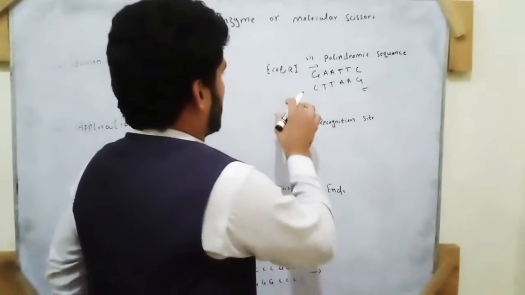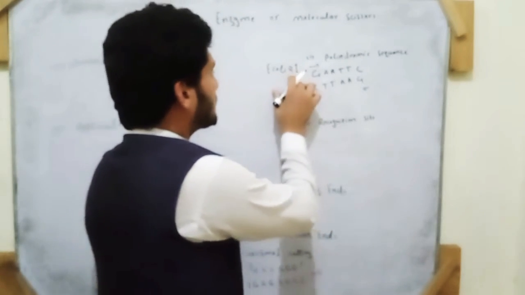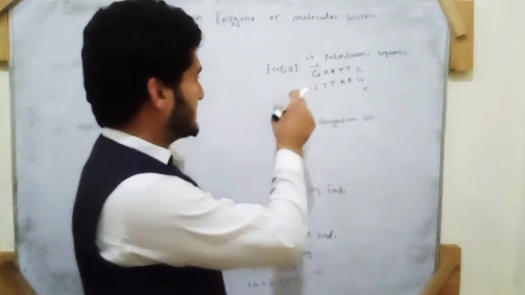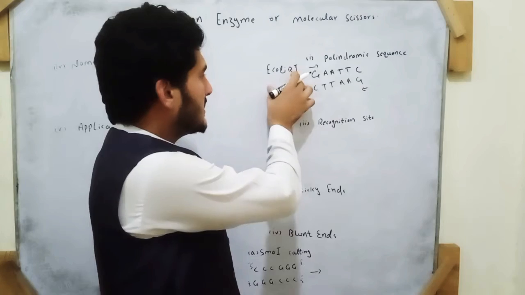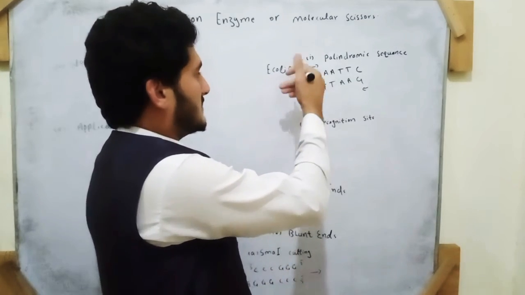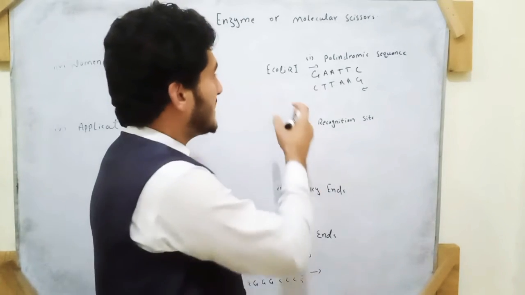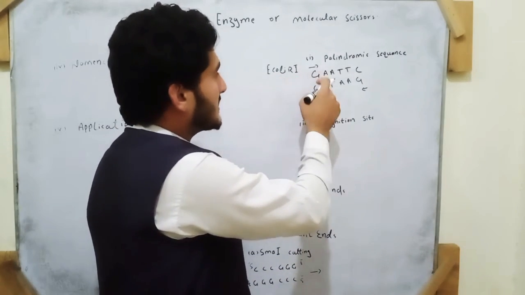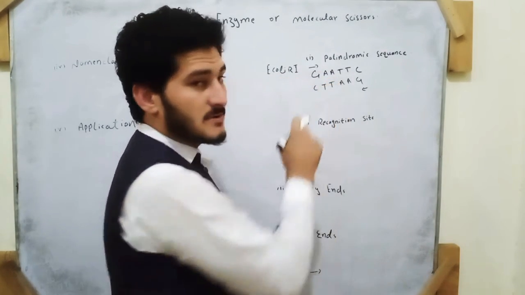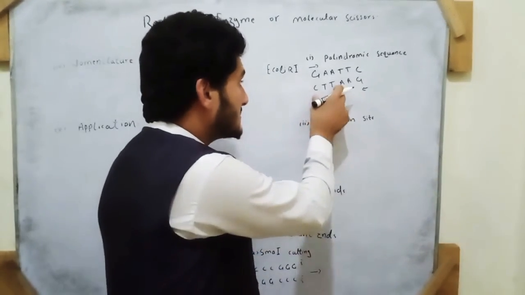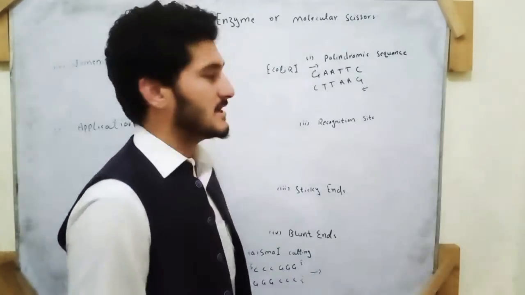EcoR1 is basically from a bacterium from which the restriction enzyme is obtained. They cut on this type of sequence. This is the cutting sequence of the Escherichia coli enzyme.